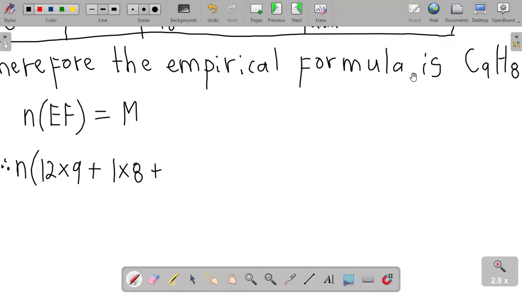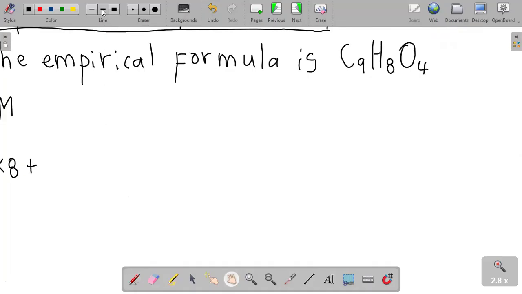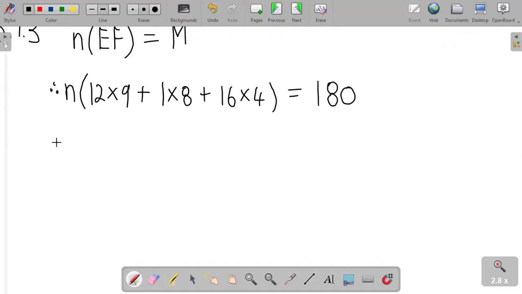And then 4 times 16, and then equals to the M. The molecular formula here is 180. Okay, so when we add everything up here, you use a calculator there.